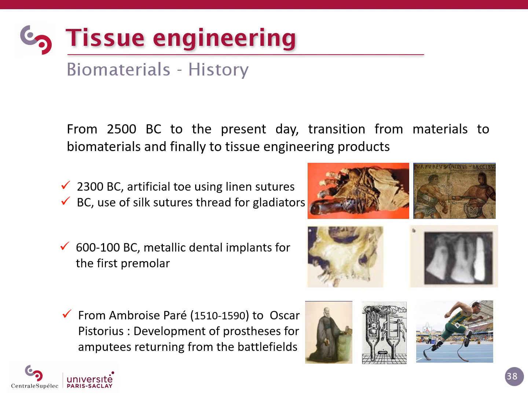Over time, there has been a transition from materials to biomaterials and finally to tissue engineering products. For example, before Christ, the use of silk suture to mend wounds of gladiators, or more recently the development of prostheses for amputees returning from the battlefields.